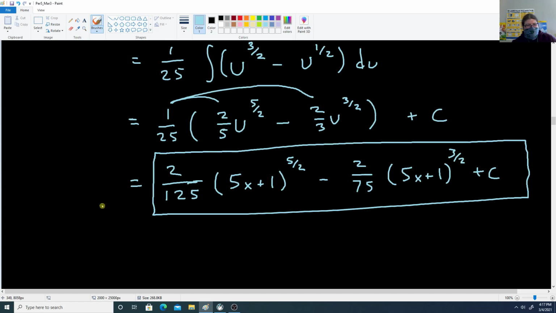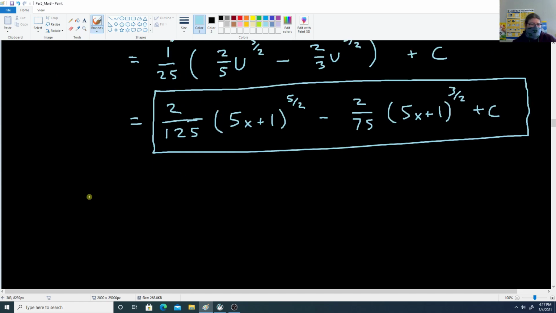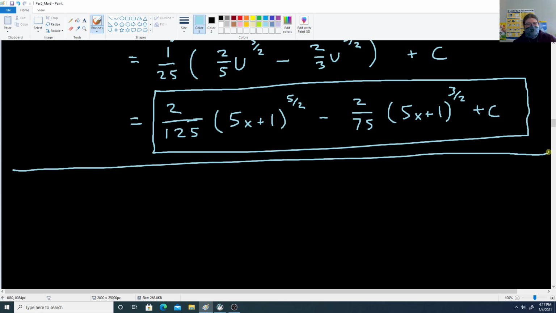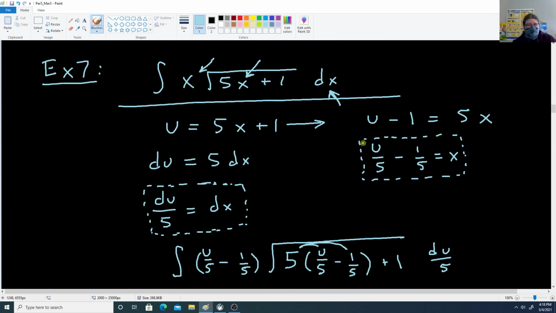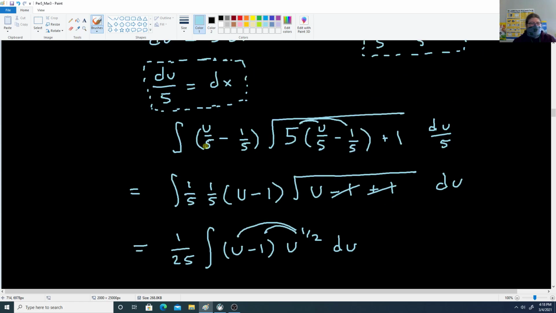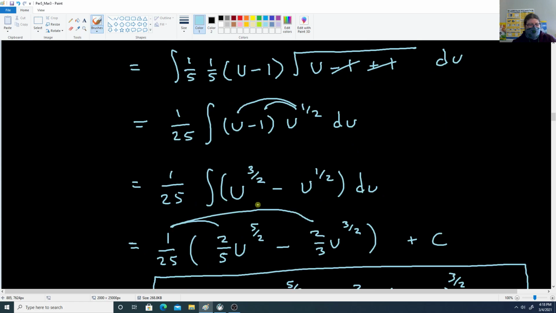However, it's not guaranteed to always work. If you try u substitution and it doesn't necessarily go through, this method won't work every time. It's just a possible way of getting unstuck: solve for x, solve for dx, substitute in for dx, and substitute in for the x's. And then you get an integral in u that you may be able to algebraically rearrange into something you know how to take the antiderivative of.